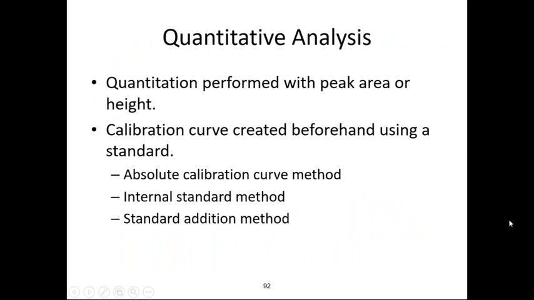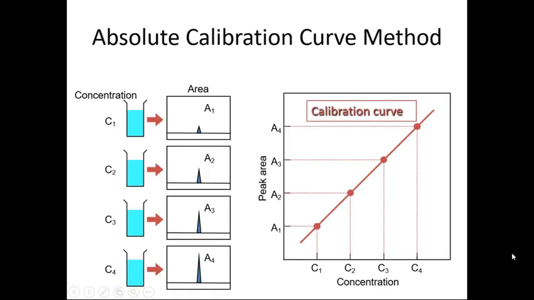Okay, so HPLC can also be used for quantitative analysis, like how we use UV-visible spectrophotometry. But here you need to create a calibration curve. You can create the calibration curve by the standard calibration curve method or by using the internal standard method. How do you do the absolute calibration curve method?